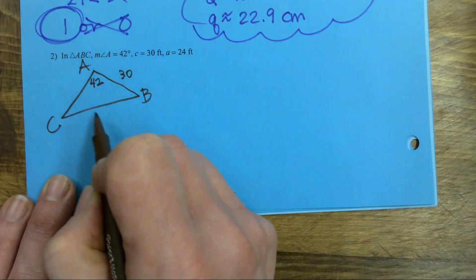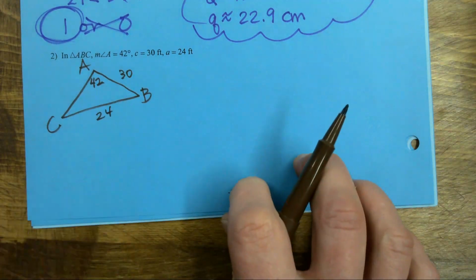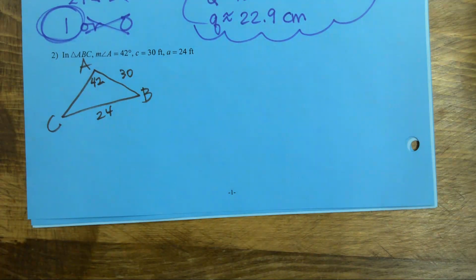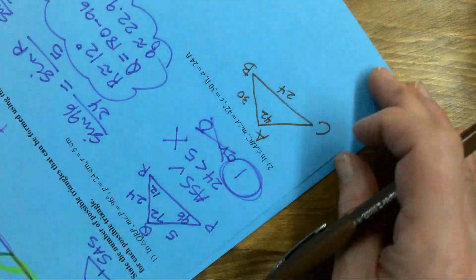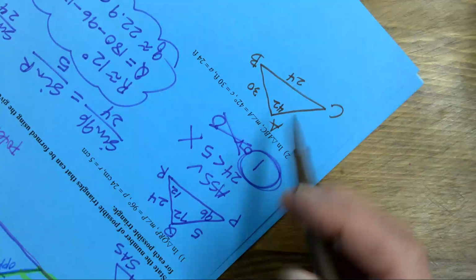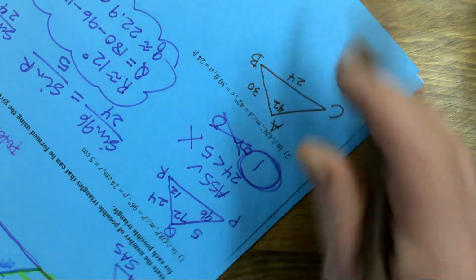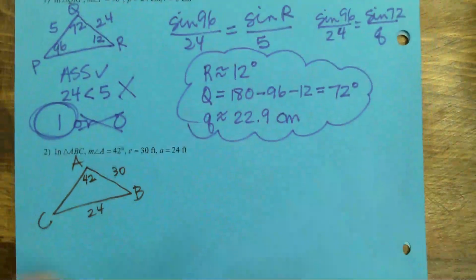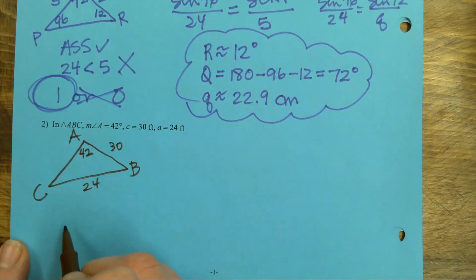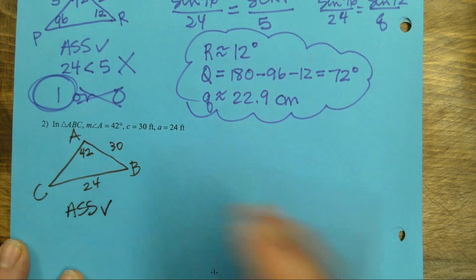Side A is 24. Do I again have an angle-side-side scenario? And yes, again, I told you, all of them will be today. It's flipped a little bit, but it still has an angle, an opposite side, adjacent side. Okay, so as far as the ASS is concerned, that works.